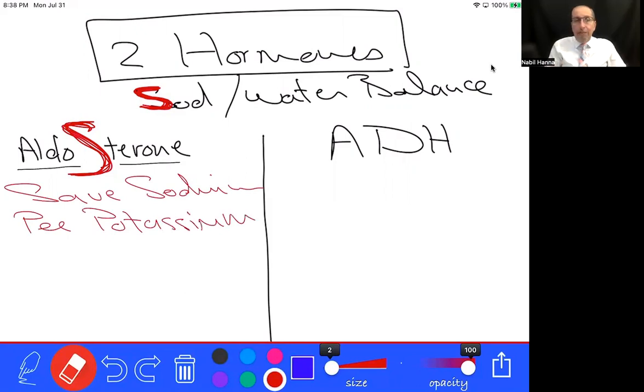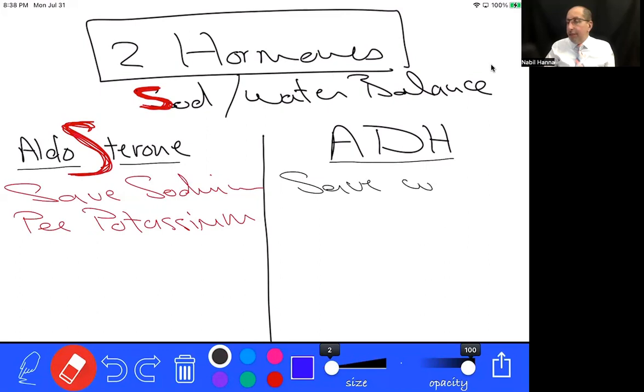Retain sodium in the body, get rid of potassium. Keep sodium, get rid of potassium. Whereas ADH is all about water. It's save water. Don't pee water. Keep water inside. ADH is about free water.